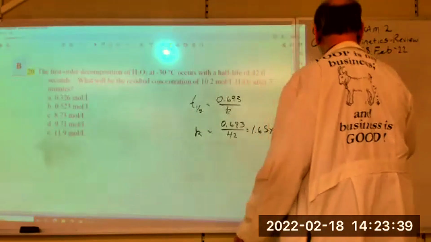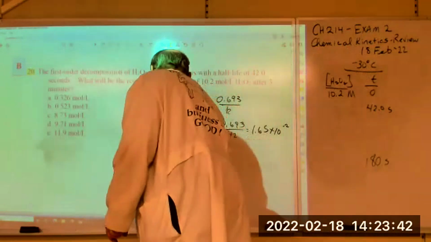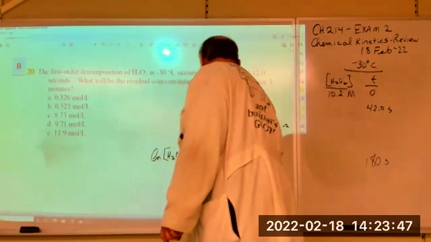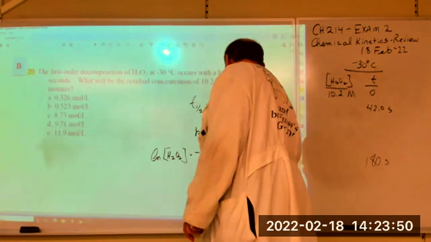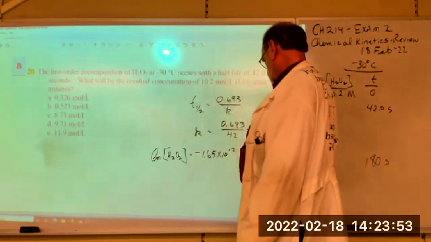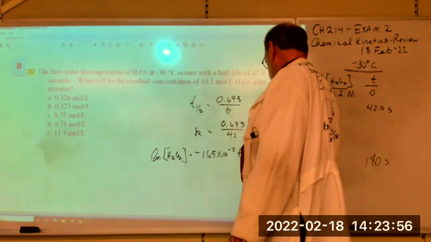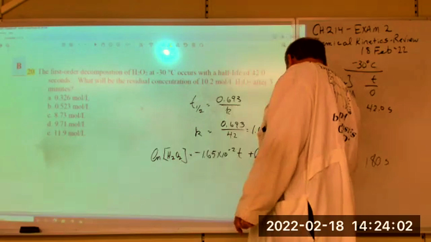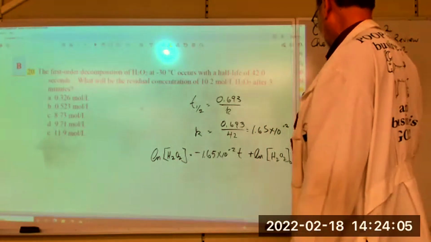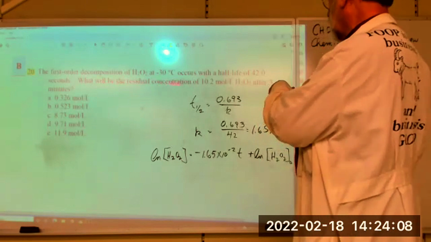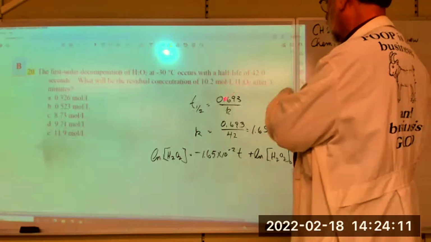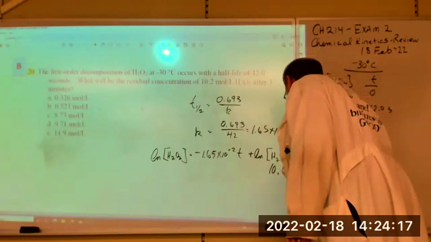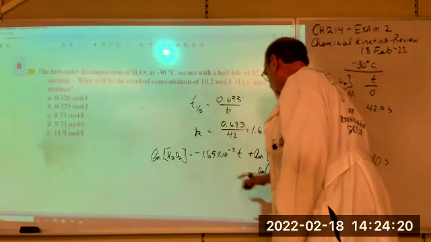And the first order law will be natural log of H2O2 is equal to minus 1.65 times 10 to the minus 2 times T plus natural log of H2O2 initial. So the question is, what will be the concentration of H2O2 after 3 minutes? So we know the initial is 10.2. We know this.